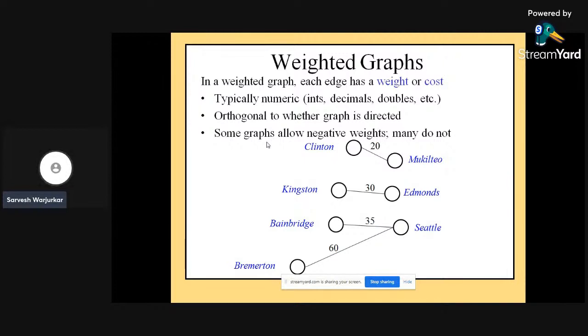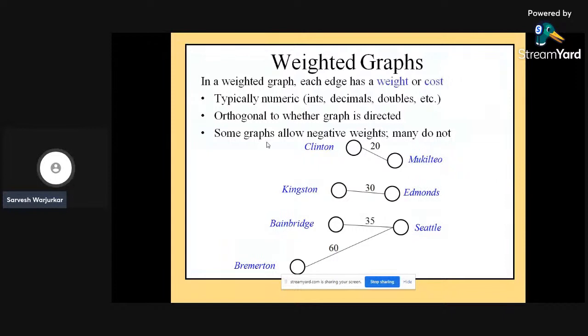Weighted means when there is a connection between two different nodes, if that edge has any value as a weight, that value is called the weight of that edge. I repeat.